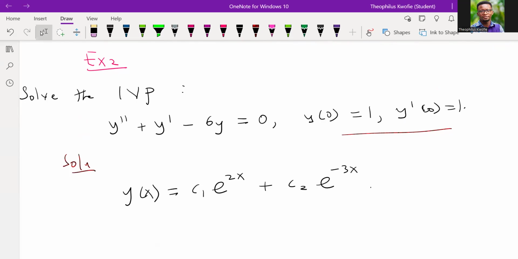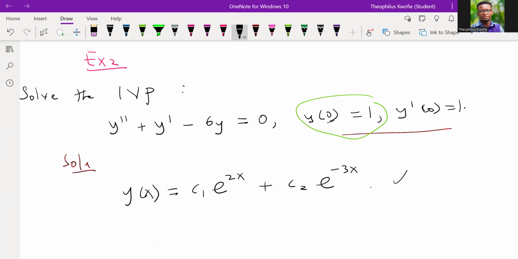To satisfy the initial conditions, we require the following. When you look at the first initial condition here, we see that y of 0 equal to 1. Which means that wherever I see x in this solution, I replace it by 0.